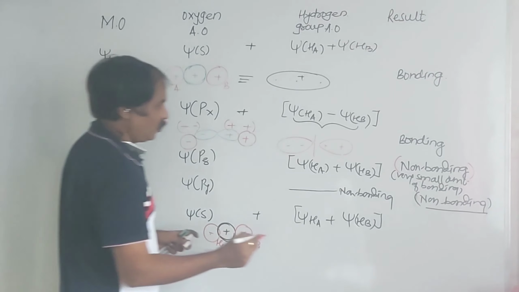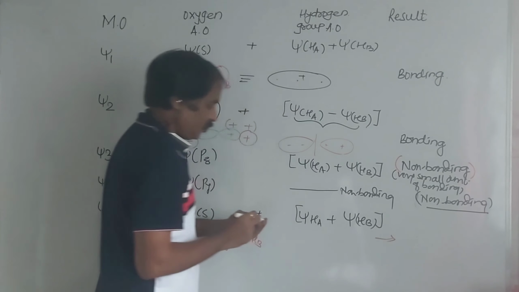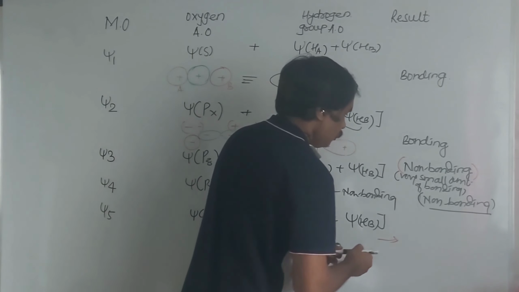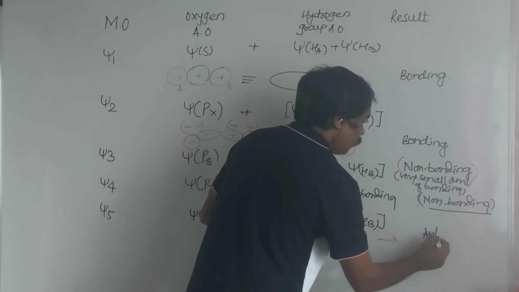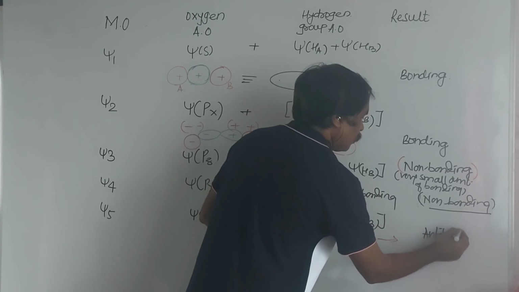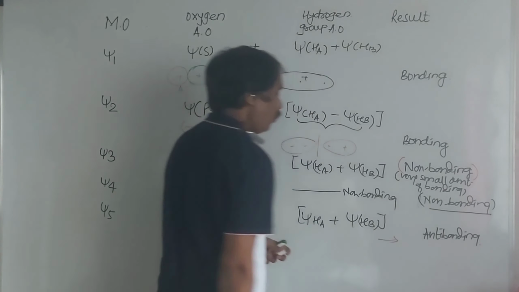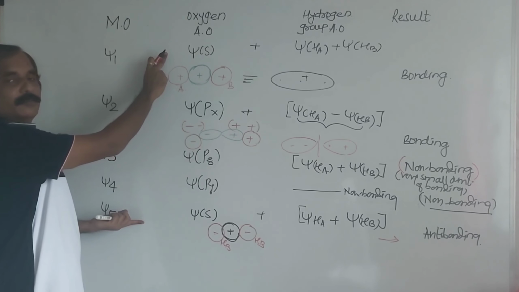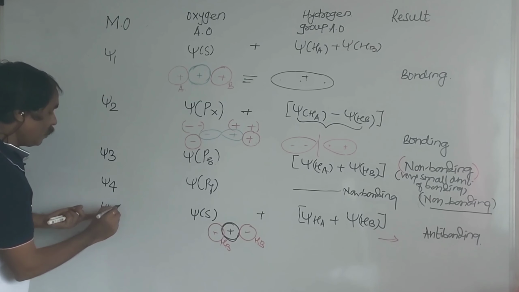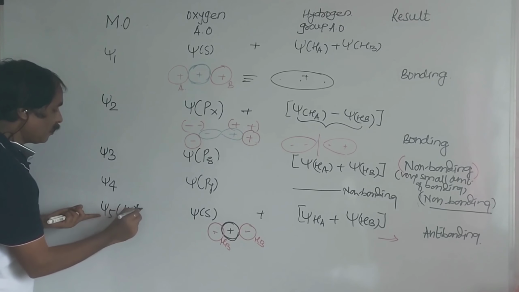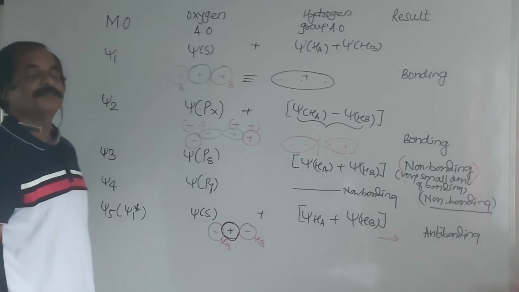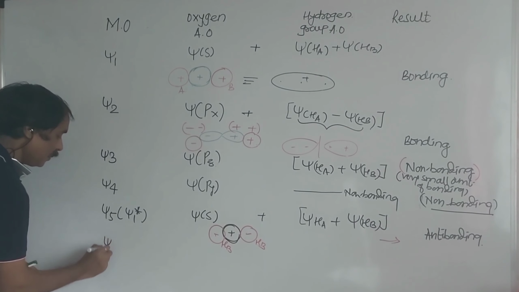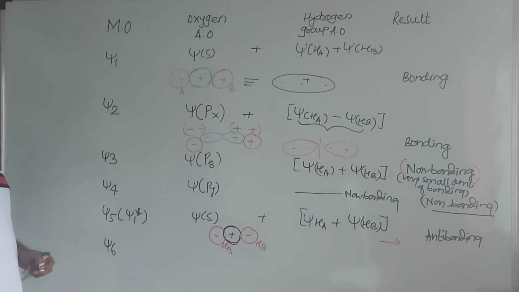And when there is a subtraction, what is the result? The result is the formation of what? Anti-bonding molecular orbital. Remember, this is the anti-bonding of what? Psi1. Yani, psi5 we can write here as psi1 star.